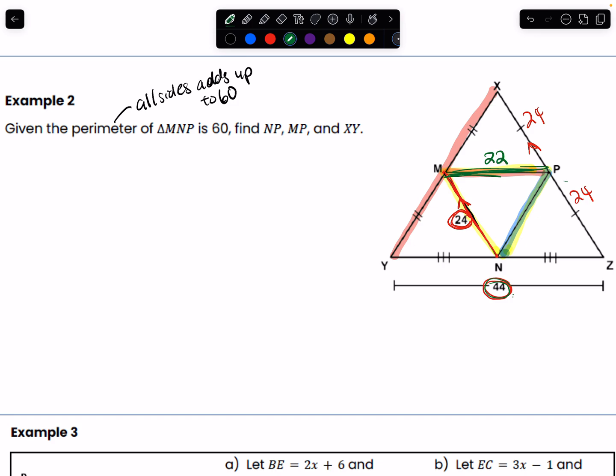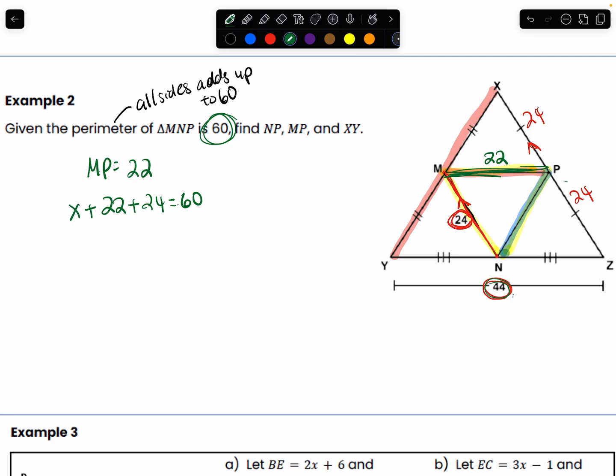Okay. Now we have successfully figured out our measurement of MP. Let me write it down. MP is 22. Let's take a look at the last side we have. Now to figure out the last side, which I mean by NP, I need to use this information right here, which is that the perimeter of my triangle MNP is 60. Now, if the perimeter of my triangle MNP is 60, then I can set up an equation like 22 plus 24 plus the missing variable, let's say x, which is NP in this case, equals 60.